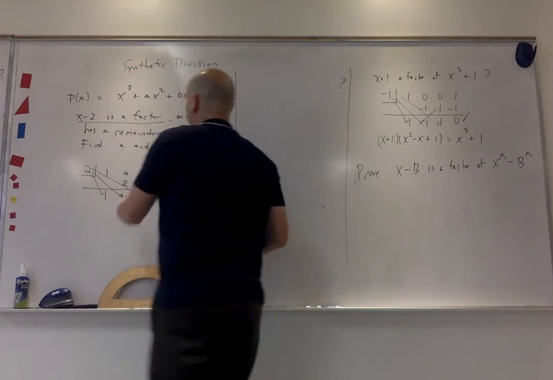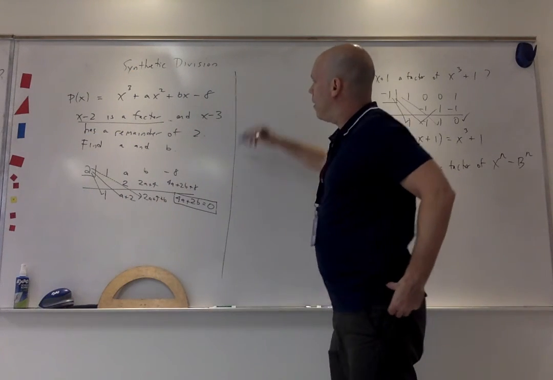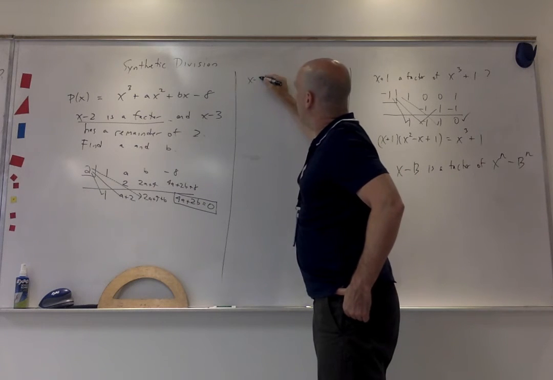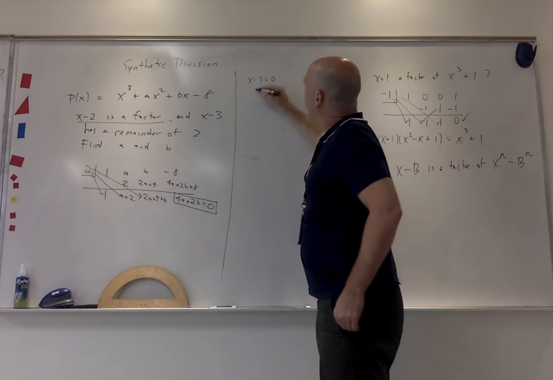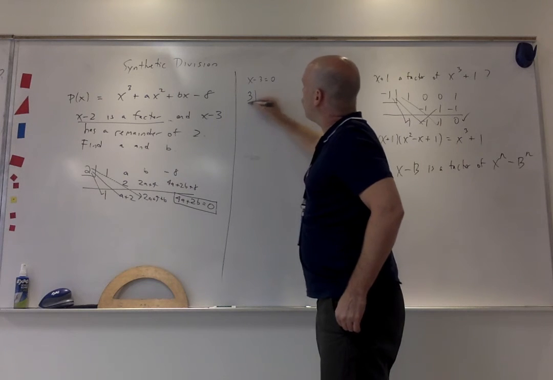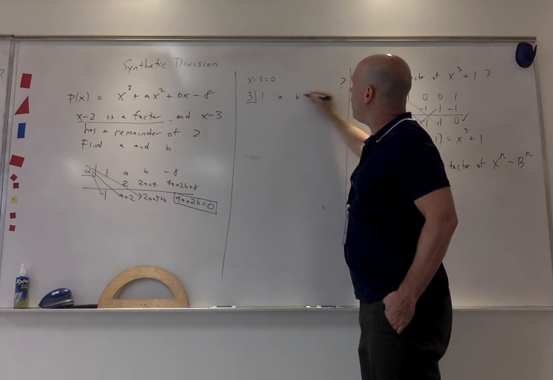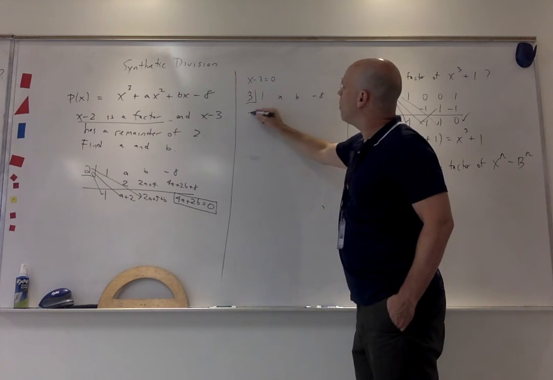We can do synthetic division again. Now take x minus 3, set that equal to 0, put 3 in the perch, and do the same thing again. 1, a, b, negative 8.